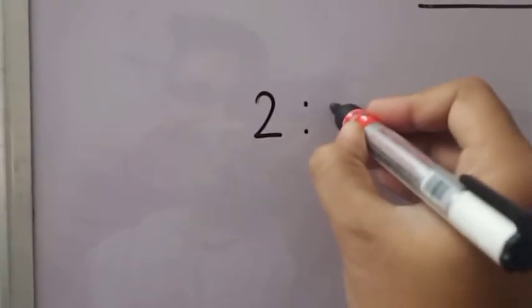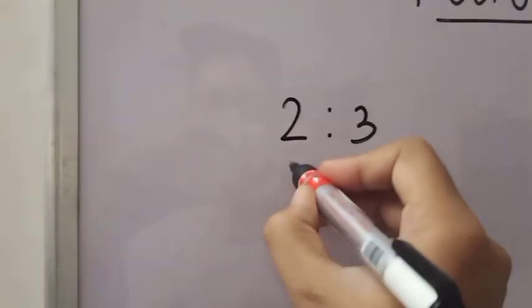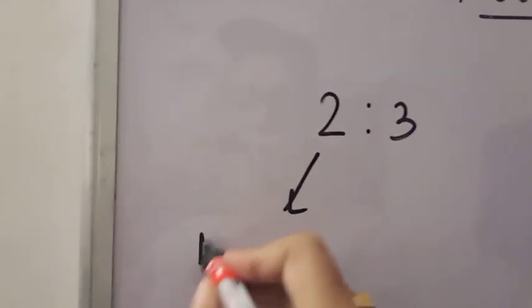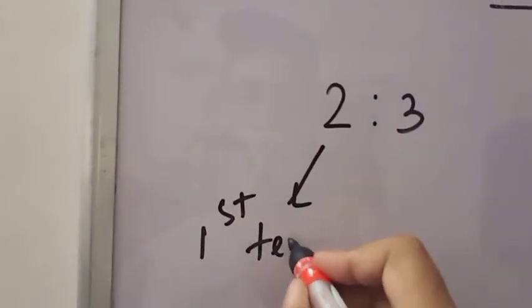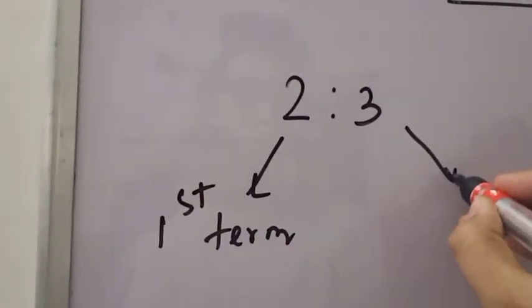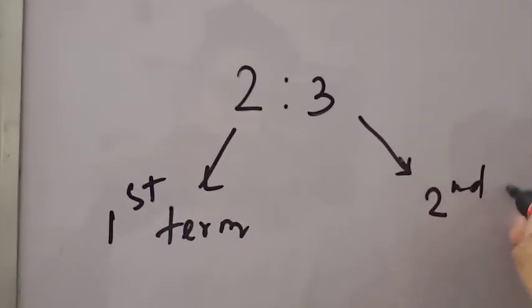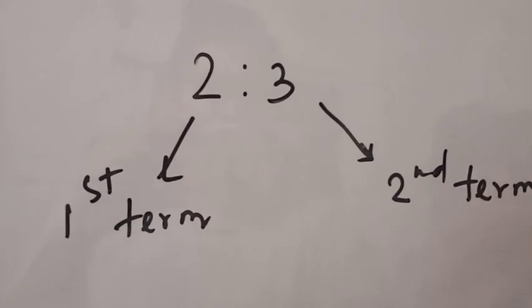Now, if we consider a ratio 2 is to 3, this is called the first term, and this is called the second term.